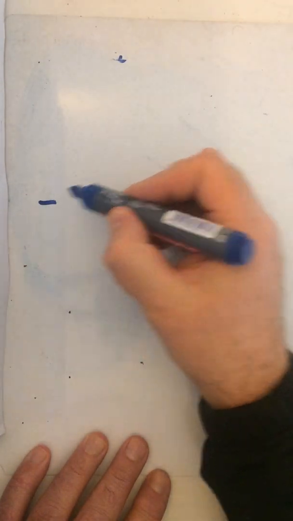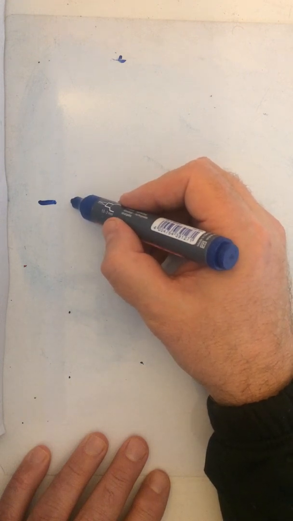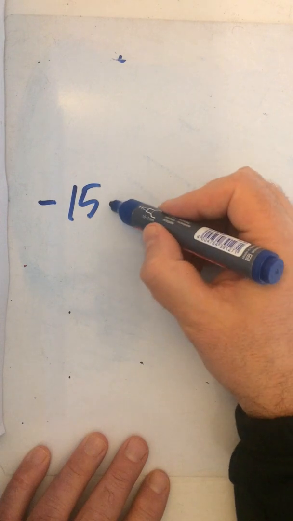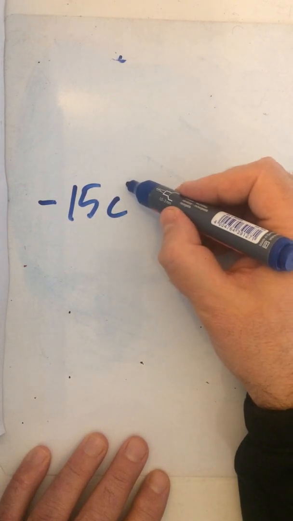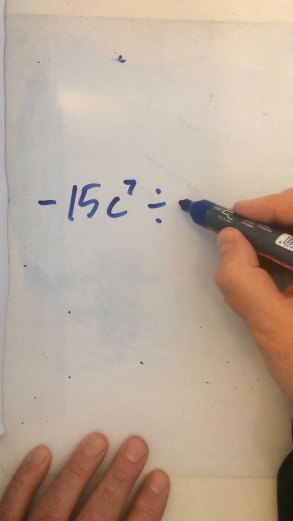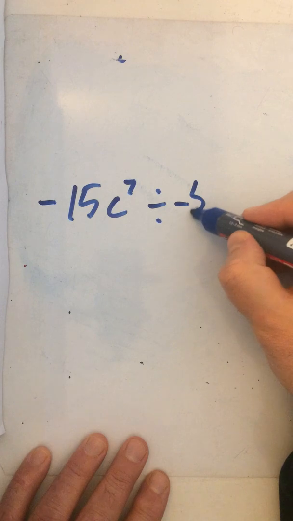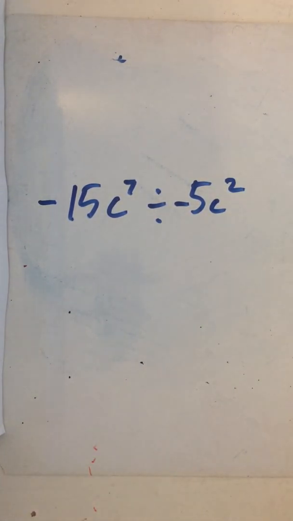right, one more. Let's go minus 15c to the power of 7 divided by minus 5c to the power of 2.